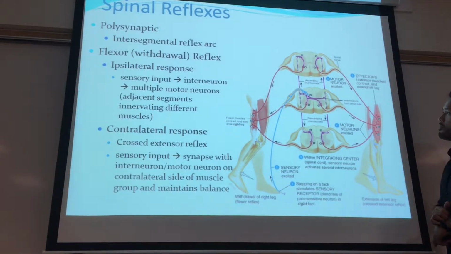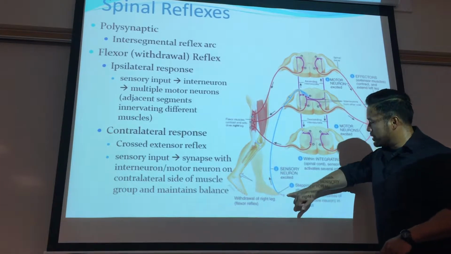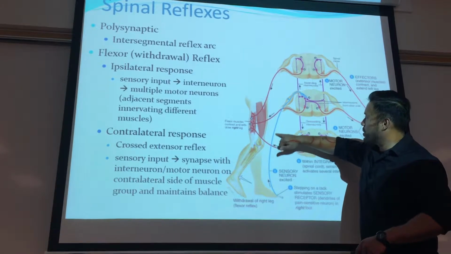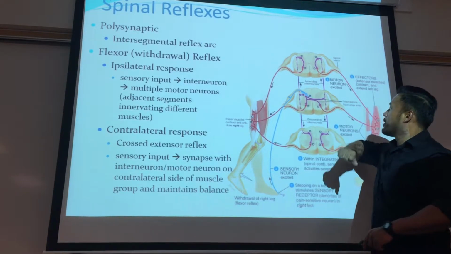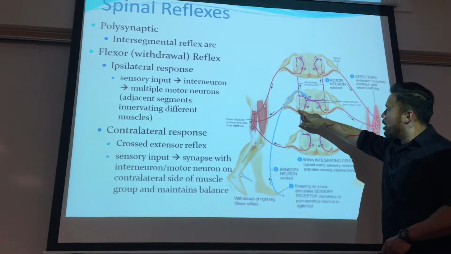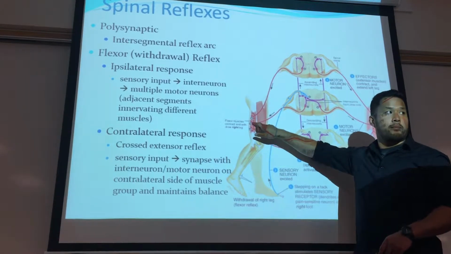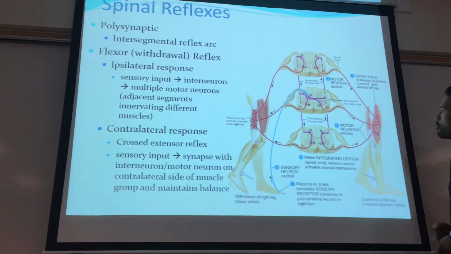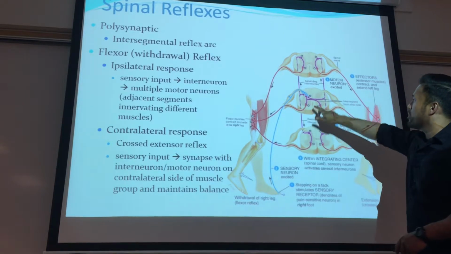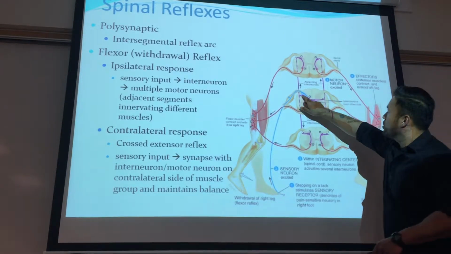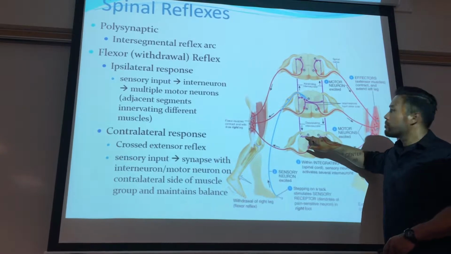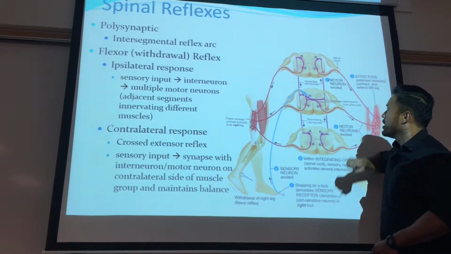And so this is going to involve the hamstrings. Here you'll see the response of the toe. You'll see the sensory neurons coming back in. It's going to innervate the interneurons that will come in and target the hamstring. With innervation of the hamstring, you're going to see our local circuit neurons that will travel to adjacent interneurons.